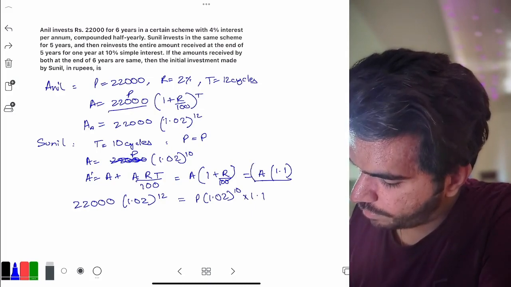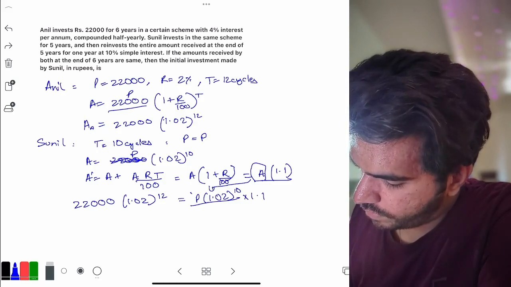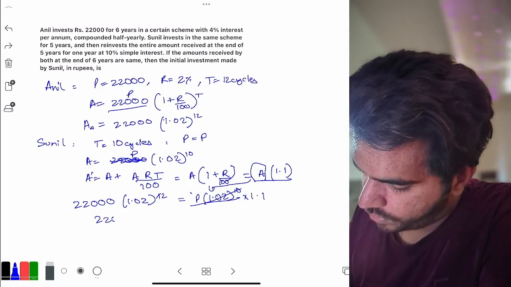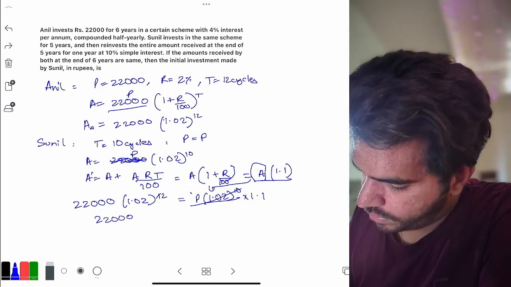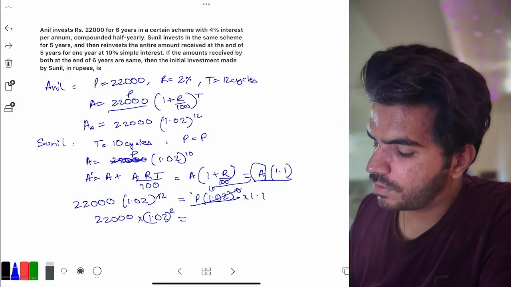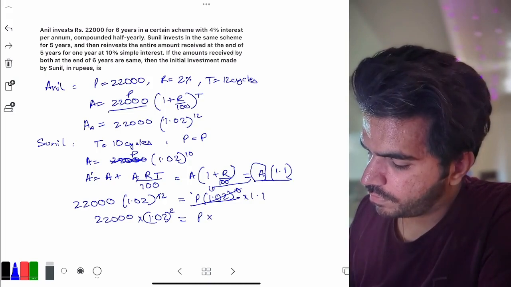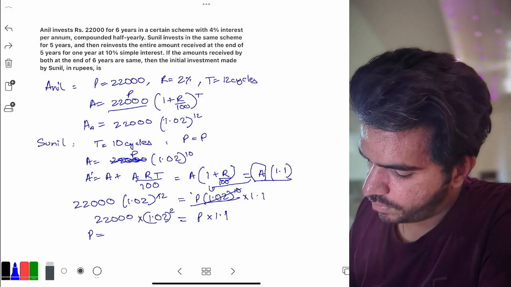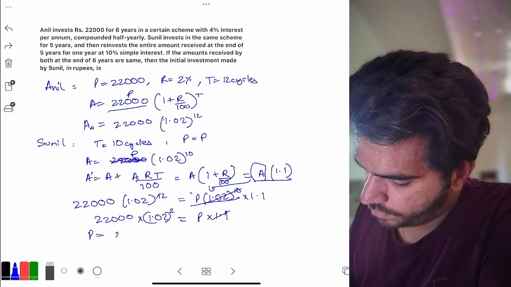So we will cancel the common terms, which gives 22,000 into 1.02 squared is equal to P into 1.1.